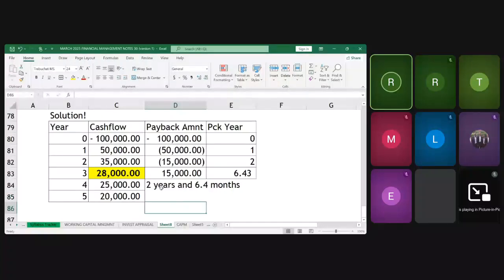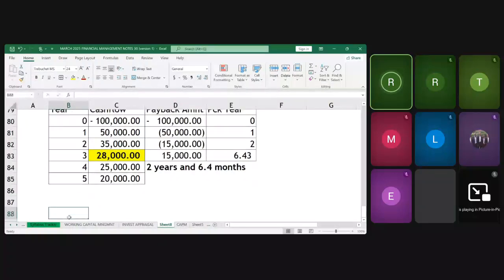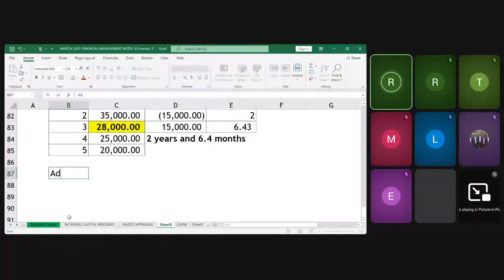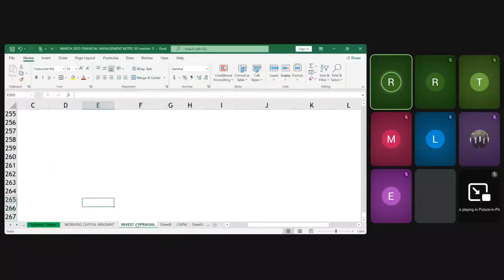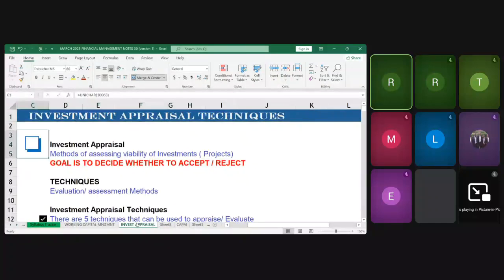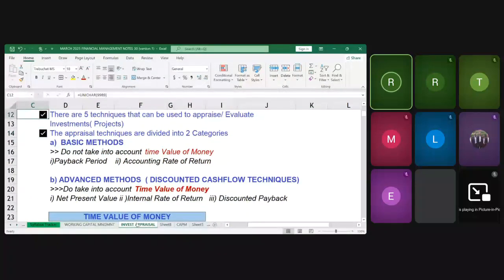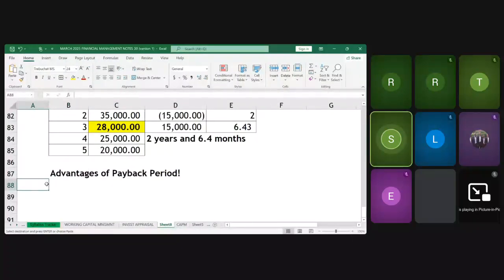Okay. Right. Done. That is the basic payback period. So let us look at advantages. What do you think are the advantages of using payback period? One advantage: it is easy to understand and calculate.